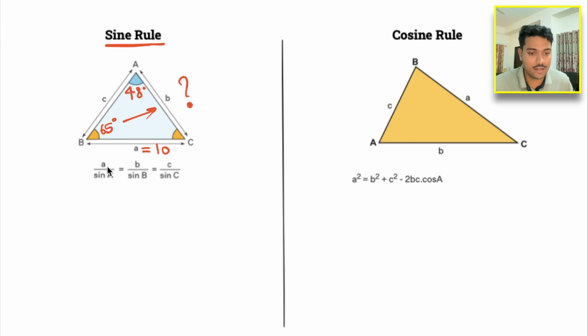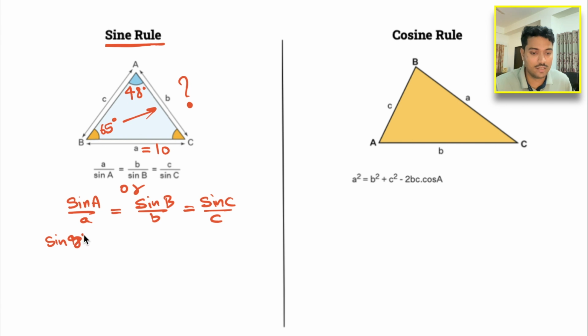That means this formula can also be written as sine A upon small a is equal to sine B upon small b is equal to sine C upon small c. That means we can write sine 48 degrees upon 10 is equal to sine 65 degrees upon small b, which we have to find.